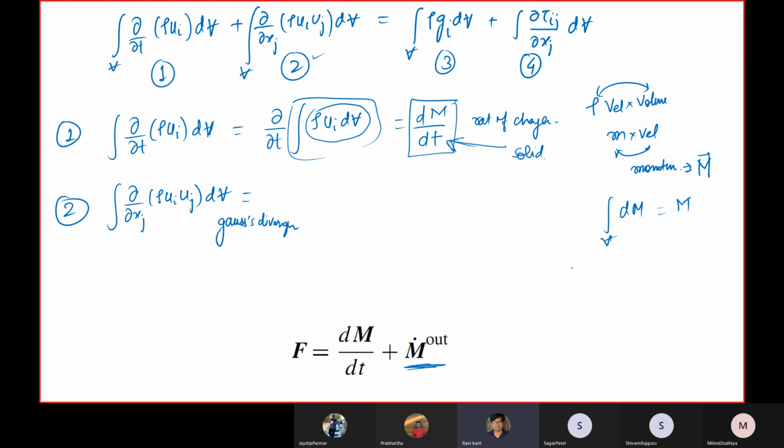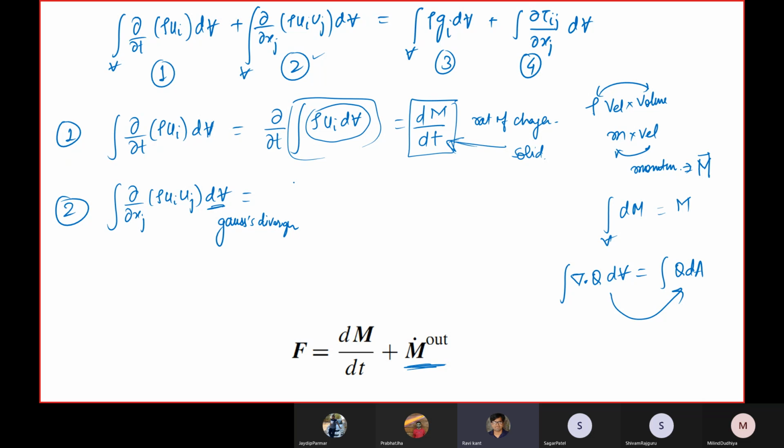Remember what we used to do in the Gauss divergence theorem: if we want to take the divergence of any vector field Q, or scalar field, anything, the integral of del dot Q dV must equal the integral of Q dA, isn't it? We can change our volume integral to a surface integral.